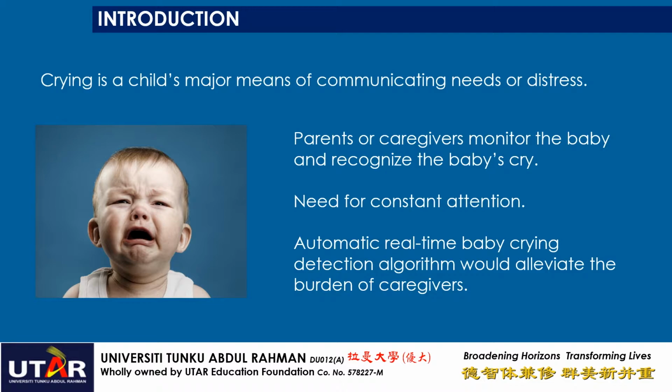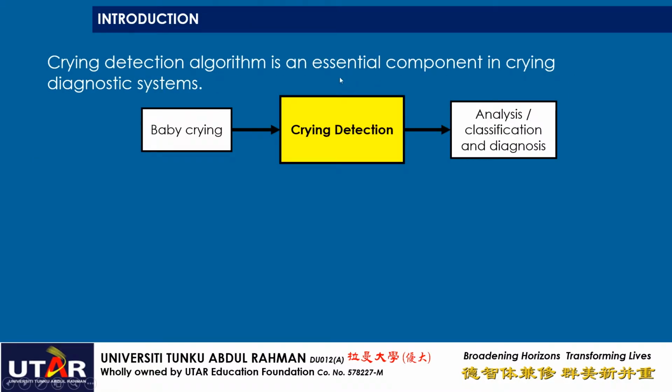Besides that, automatic crying detection algorithms are also an essential component in crying diagnostic systems, which can help reveal conditions of the child that untrained ears are unable to detect just by listening to the crying.